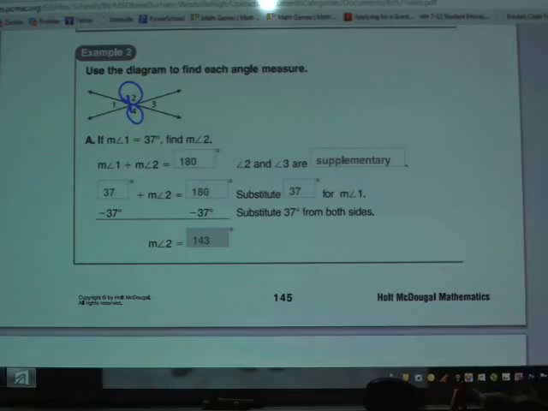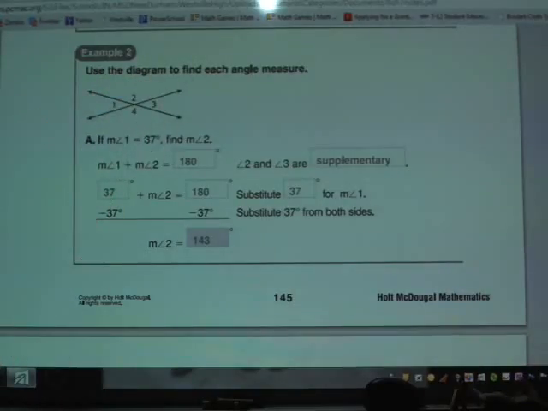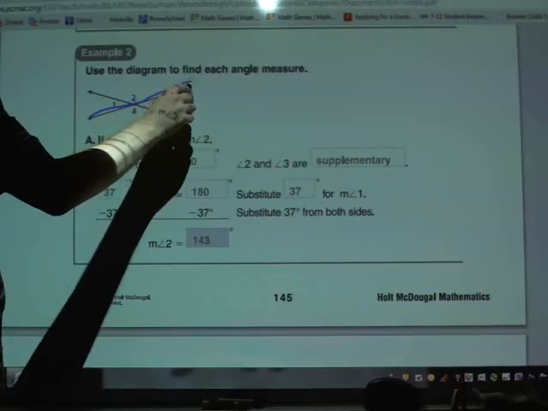What we're also going to talk about here are supplementary angles. And there's a lot of supplementary angles here. Remember, supplementary from the last example refers to two angles together that make 180. Now, since this first question is asking about 1 and 2, let's talk about 1 and 2. So 1 and 2 together lie on this line.